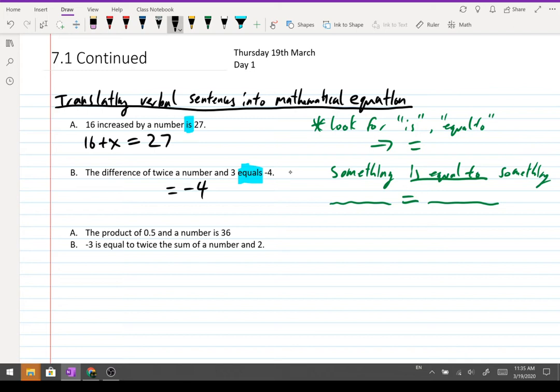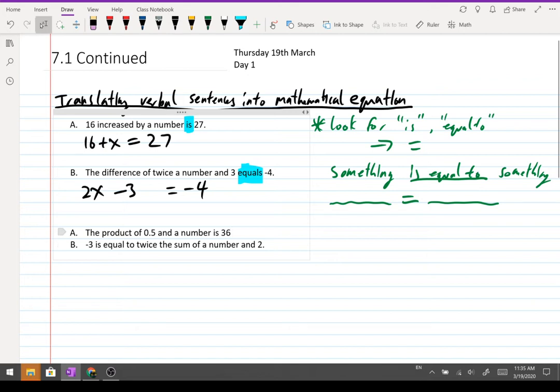Now we have to look at the first part, the difference of twice a number and 3. If I'm looking at the difference of A and B, it's going to be A minus B. So the difference of twice a number will be 2x, and then the difference between that and 3 is 2x minus 3. So that will be 2x minus 3 is equal to -4.